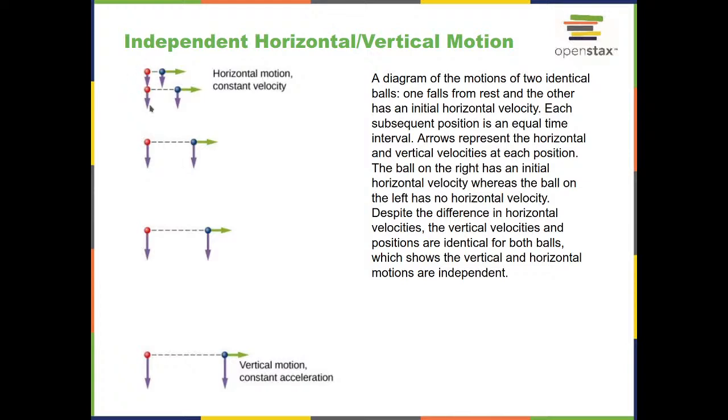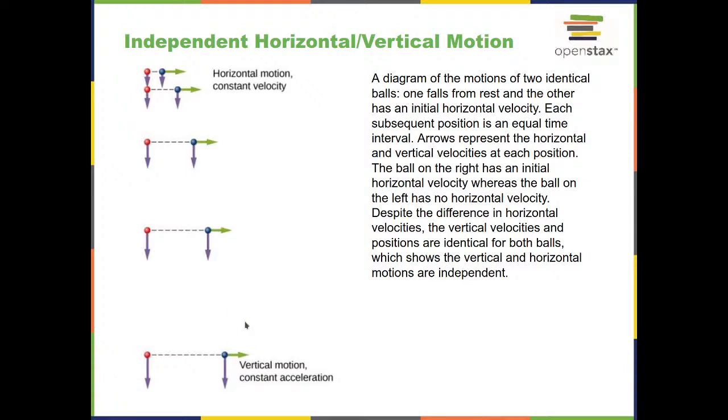This ball that just falls down doesn't have a horizontal component to the velocity, so it doesn't move horizontally ever. There's nothing that introduces a horizontal component to the velocity, so it remains just falling straight down. The other ball, which you gave a horizontal component to the velocity, does move to the right, and it remains moving to the right at that same horizontal velocity.